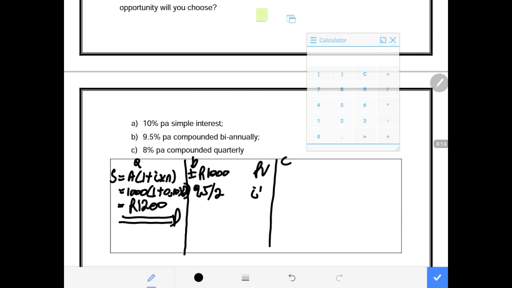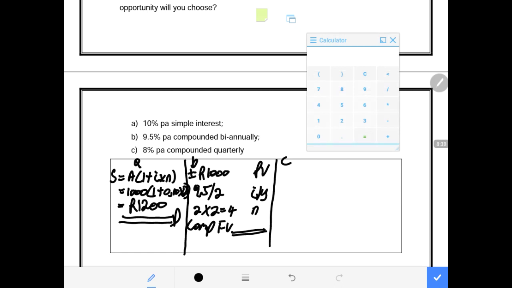Then this will be our interest. Then our n will be 2 times the number of compounds in a year, which is again 2. So our n, in other words, will be 4. Then what are we looking for? We want to know how much will be the value of the investment after 2 years using compound interest.